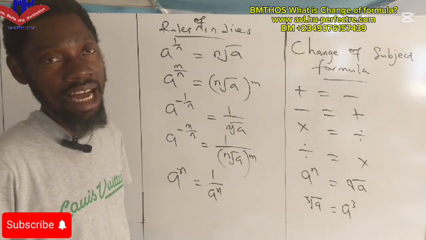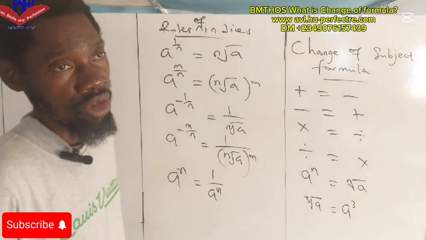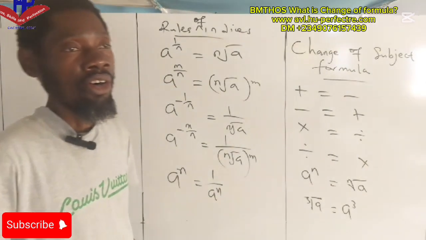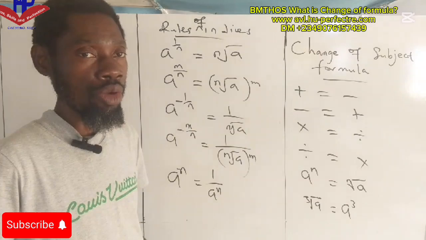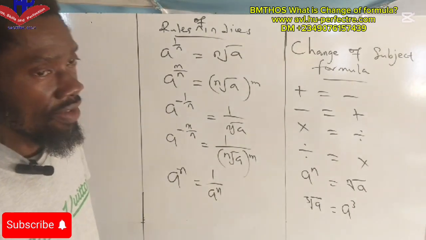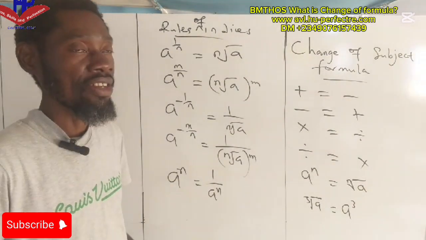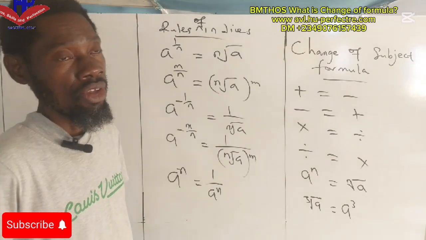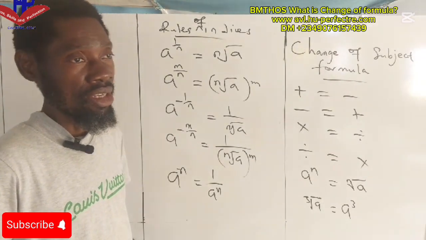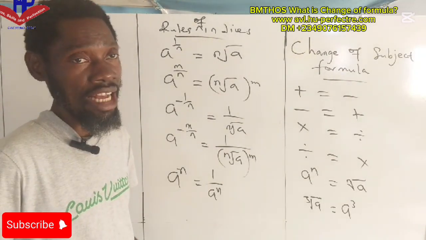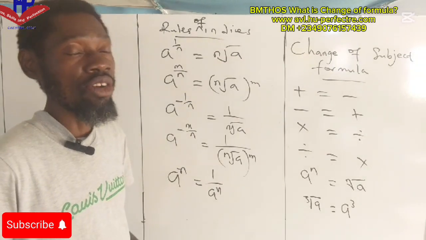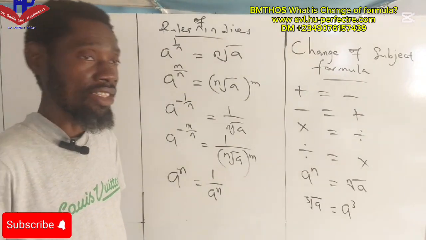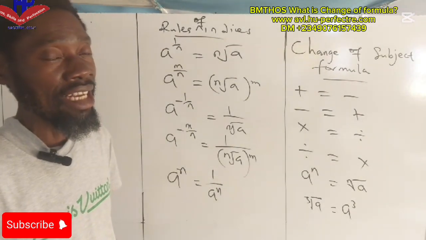And I said that in change of formula, you're trying to manipulate a given equation or relation so that a specific variable, a specific letter, is made to stand at one side of the equation, usually the right hand side.